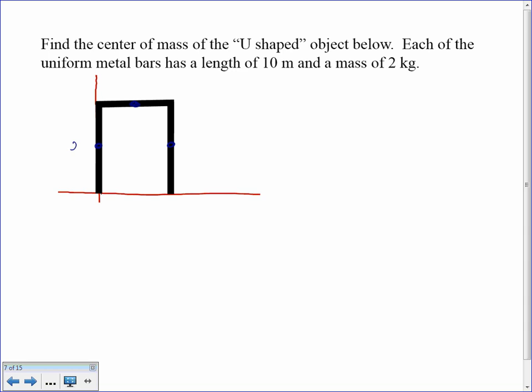So you can treat it as a 2 kilogram object. This would be at a height of 5 meters. This would be a 2 kilogram object. Again, you have an x coordinate of 5 and a y coordinate of 10. And this would be a 2 kilogram object. Again, the x coordinate would be 10, the y coordinate would be 5.